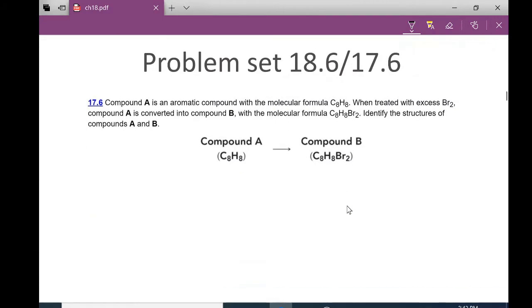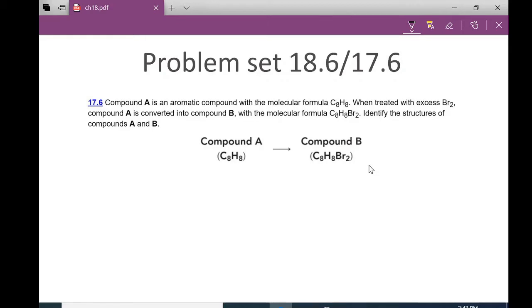So let's consider this problem, and this is problem set 18.6 in the older text and 17.6 in the newer text. This problem says compound A is an aromatic compound with the molecular formula C8H8. If we treat this compound with an excess of Br2, compound A is converted into compound B. Okay, now we have C8H8Br2. Identify the structures of compound A and compound B. Well, it looks a little bit more complicated than it is.